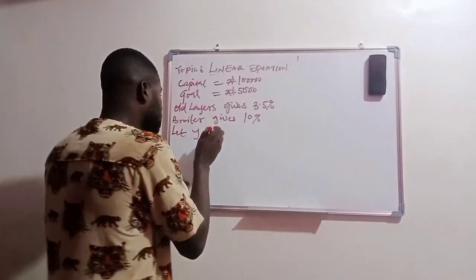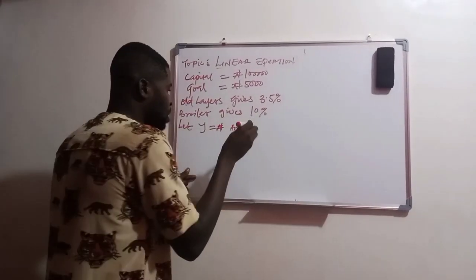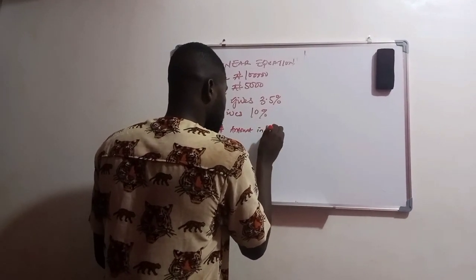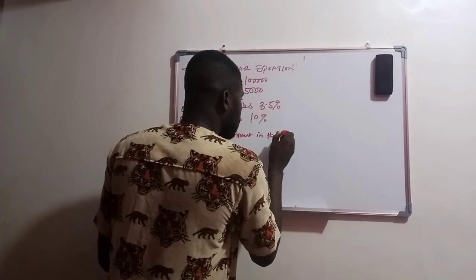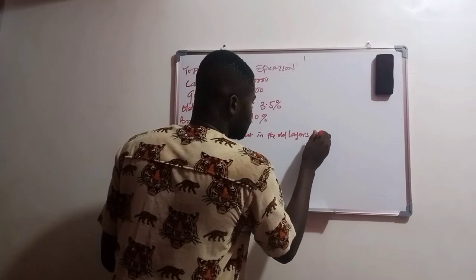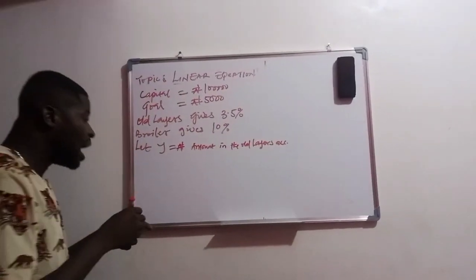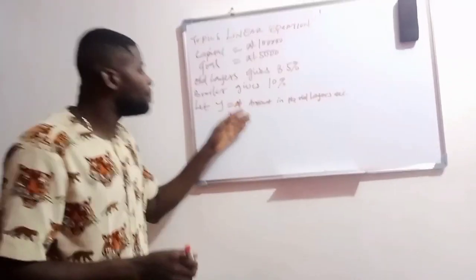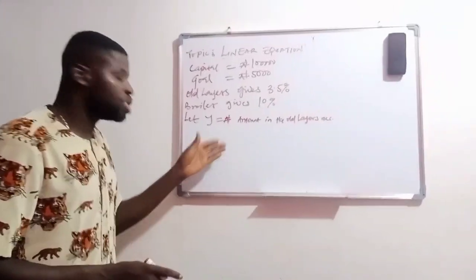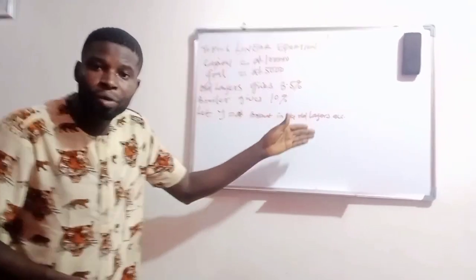So let y be equal to the amount of money set aside for layers. Now, y is equal to the amount in naira in the old layers account. Now, if y is the amount of money set aside for old layers, how much out of this 100,000 is made for broilers?